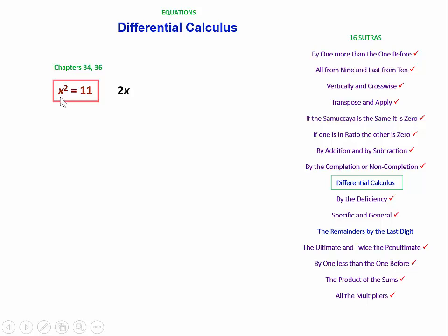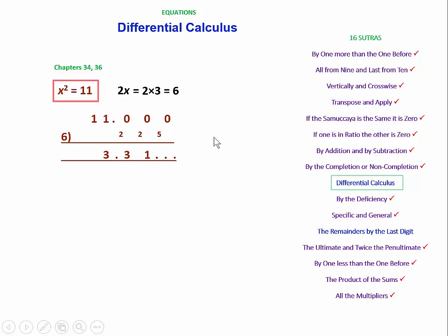You can see that if x squared is 11, then the square root of 11 is about 3. So we've got our 2x becomes 2 times 3, which is 6. And we use 6 as a divisor. I'm not going to go through this, but there's the 6 used as a divisor, and 11 is the number, and there's the answer down there.